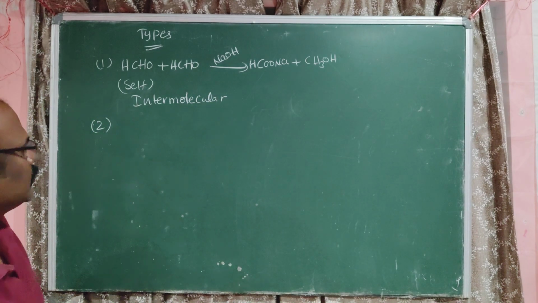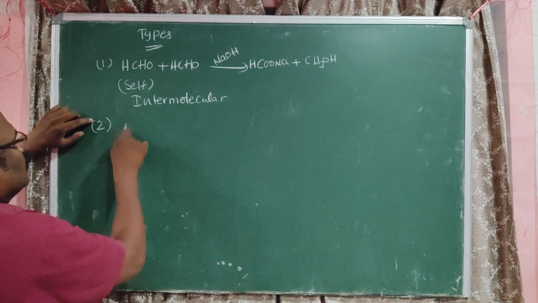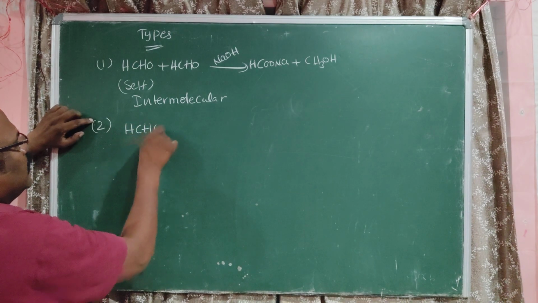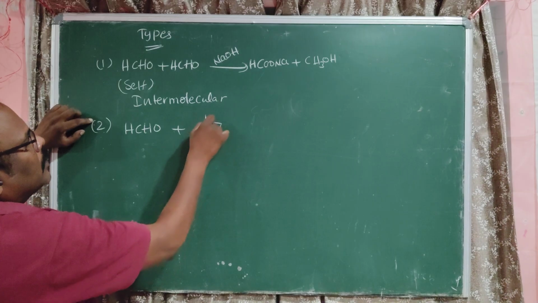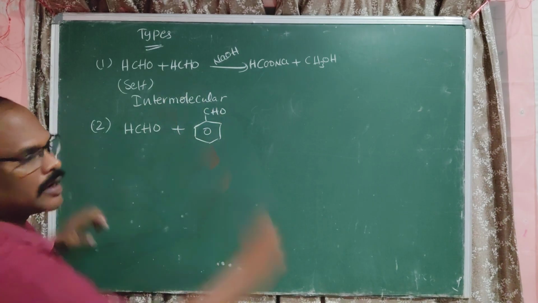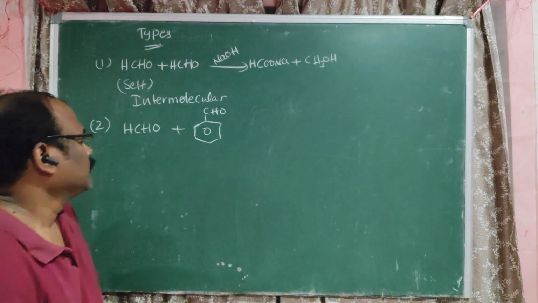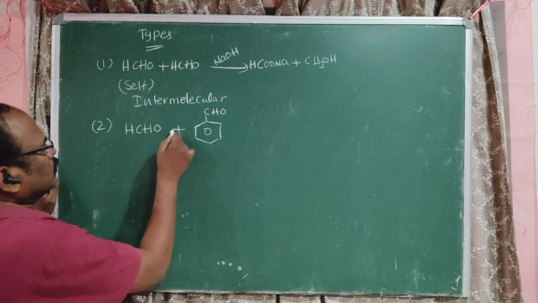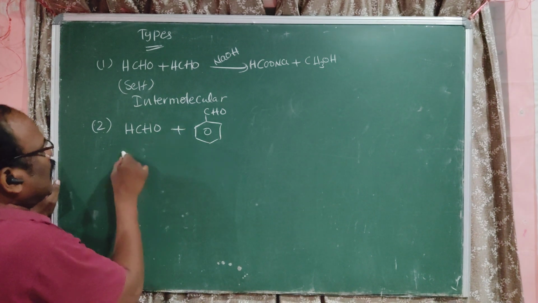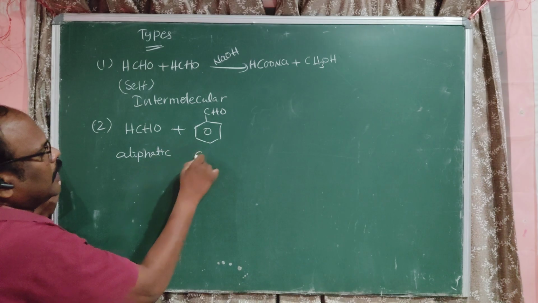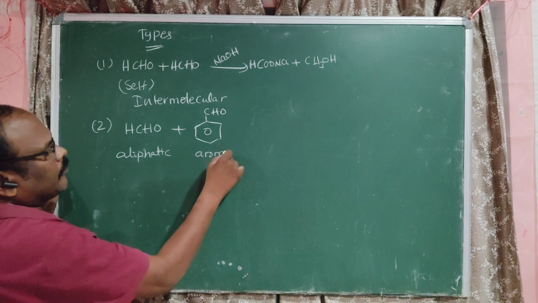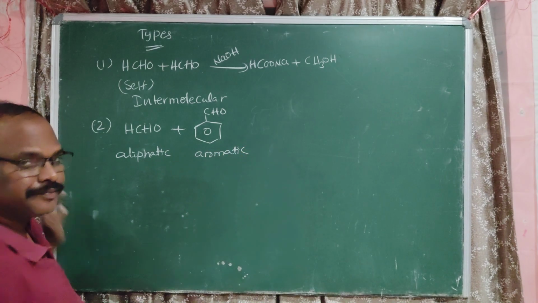Type 2. Here I am taking one formaldehyde and one benzaldehyde. Both do not have any alpha hydrogen atoms. One is aliphatic and the other is aromatic aldehyde.